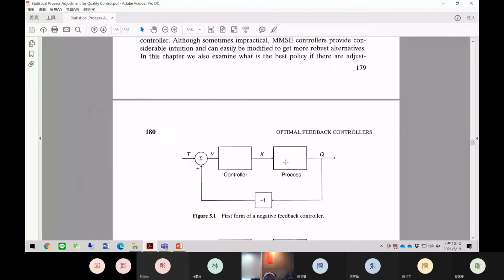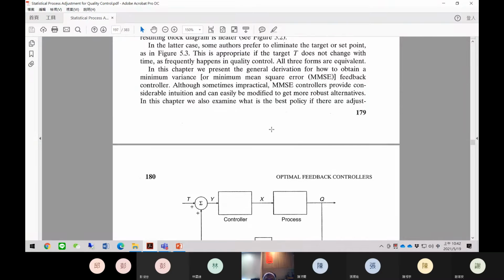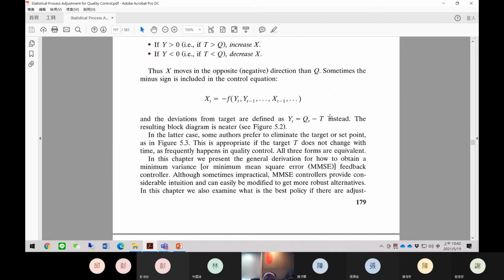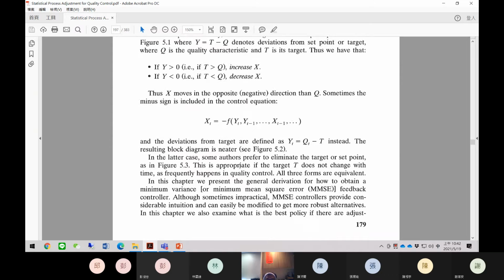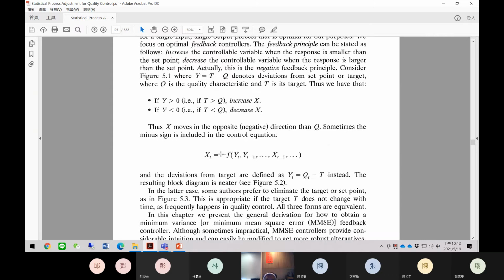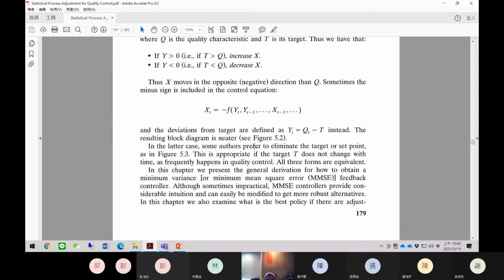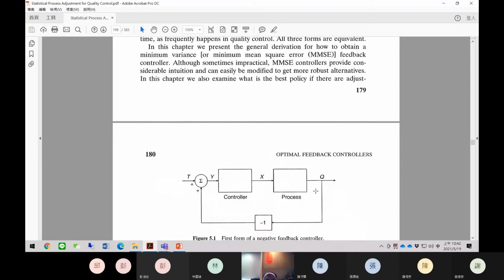So this is a plant, producing the quality characteristic Q, and the Q minus target is right here. The Q minus target produces the YT. This is output minus target. It is a deviation, so we multiply by -1 into that. So Y goes into the controller, XT comes out of the controller.